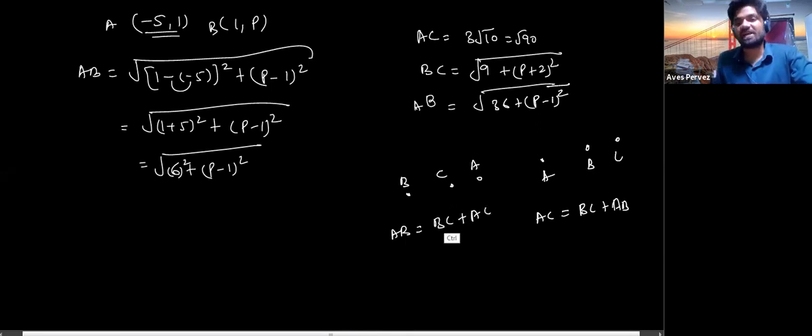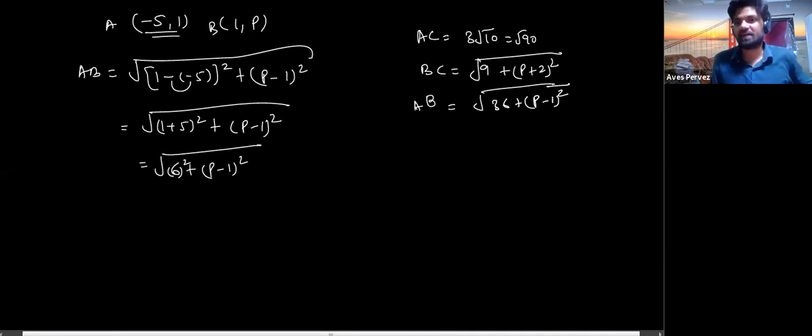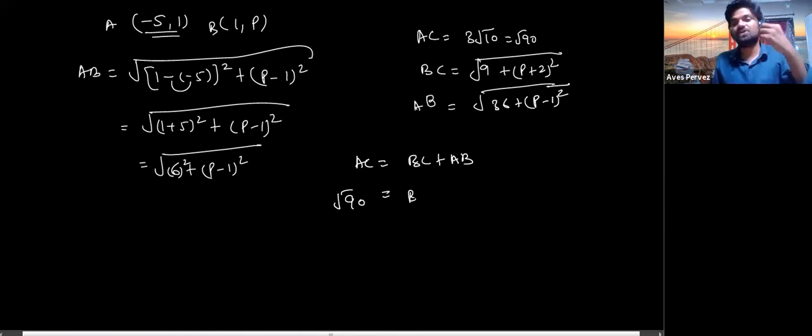If I consider that root 90 is equal to this one and this one, so I'm writing AC is equal to BC plus AB. Root 90, and just listen to me, this is the way I can teach you where you need not commit the mistake.